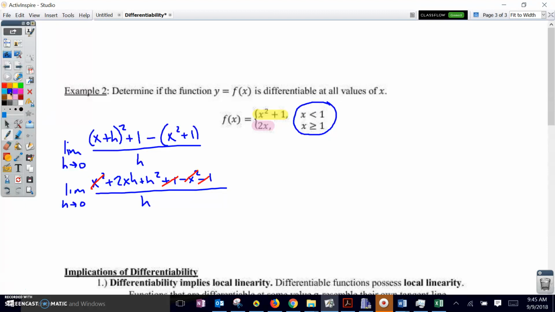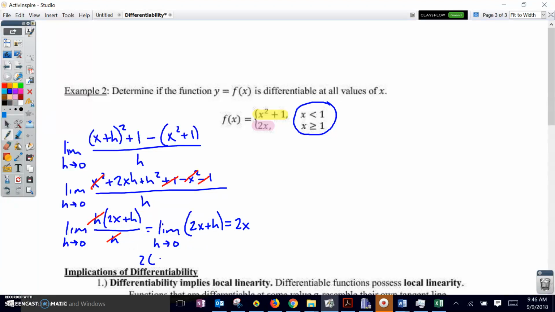I'm just going to go ahead and factor out an h. This is the limit as h goes to 0 of h times 2x plus h all over h. The h's cancel. And so this is the limit as h goes to 0 of 2x plus h, which is equal to 2x. And so the value of this derivative at 1 is 2 times 1, or 2. So that's my left-hand derivative.